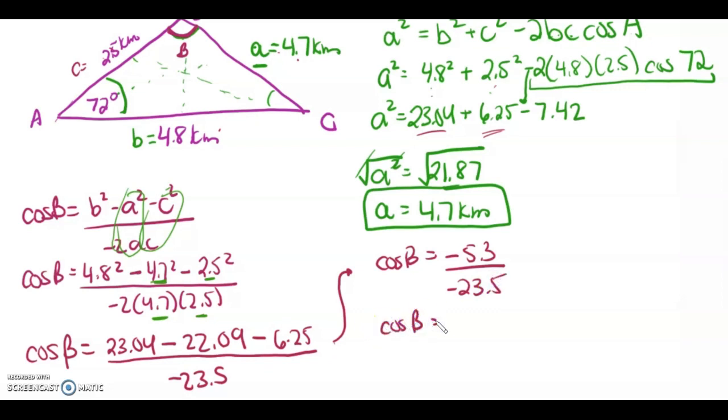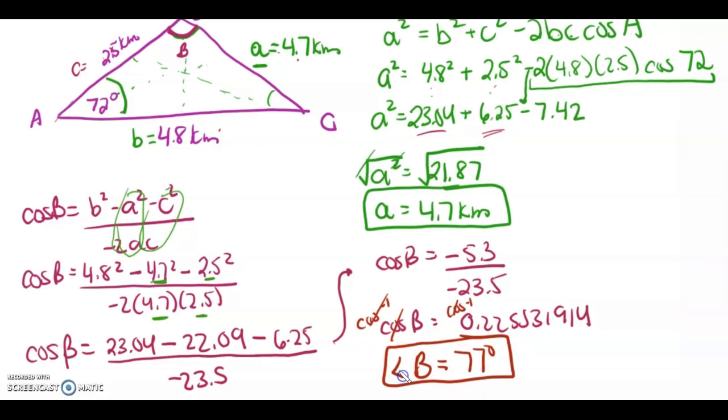And when we go ahead and divide those out, negative 5.3 divided by negative 23.5, we get 0.2255319. That's clearly not an angle. We need to inverse cos both sides. We always have to inverse cos when we're finding an angle. So angle B equals 77 degrees.